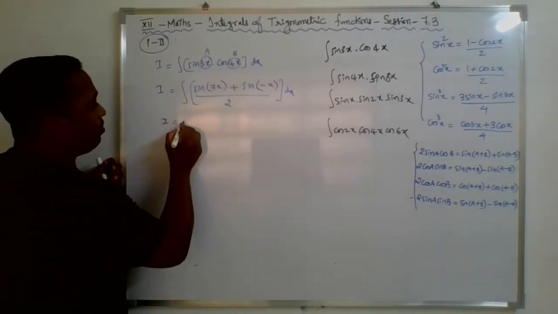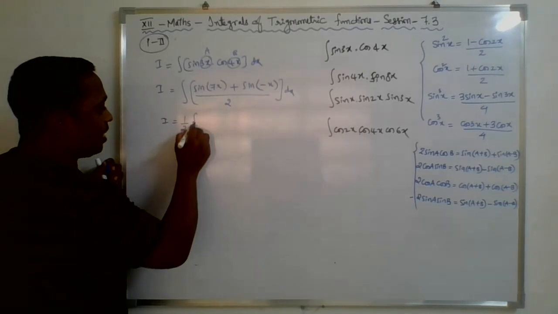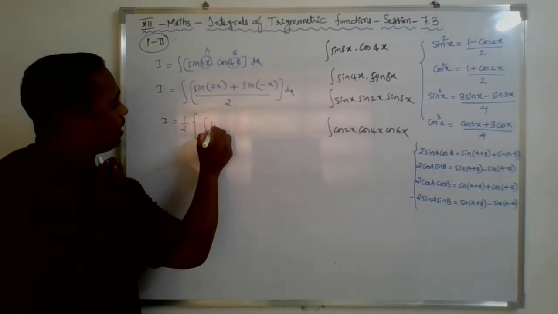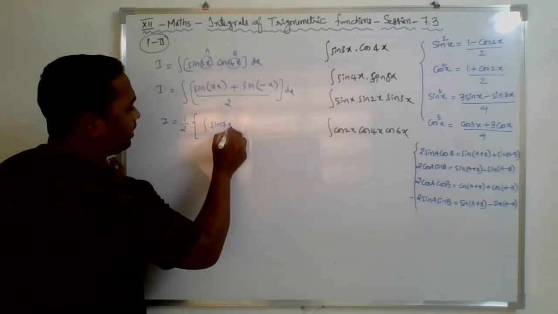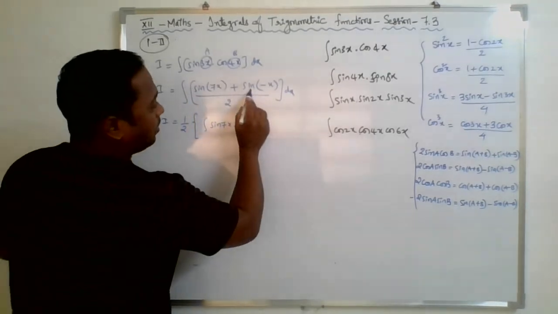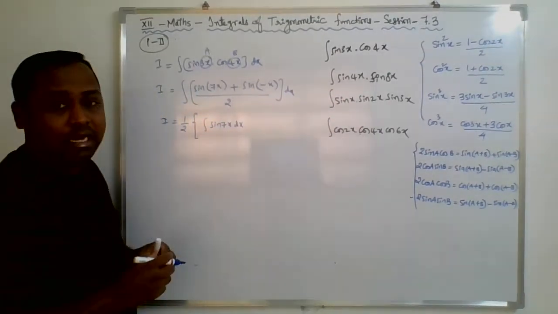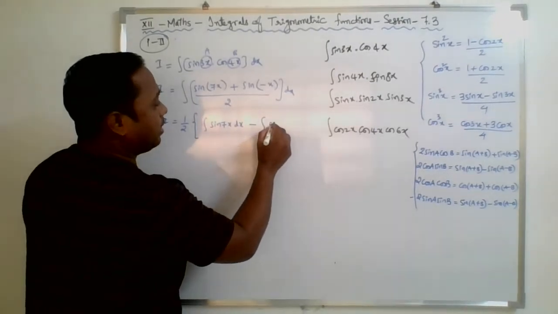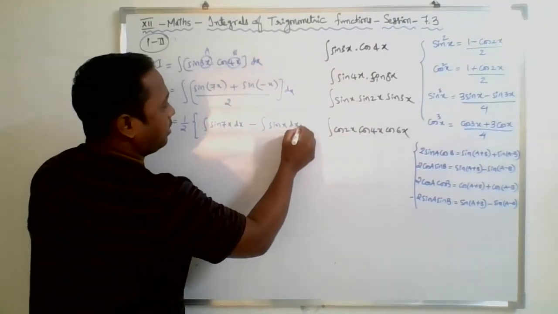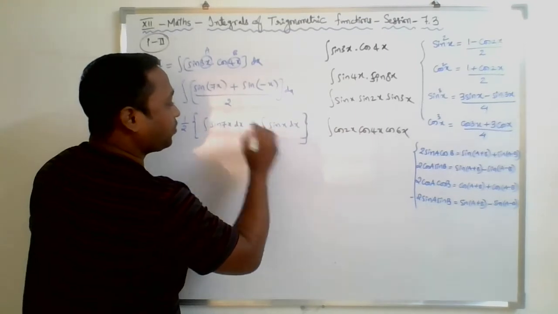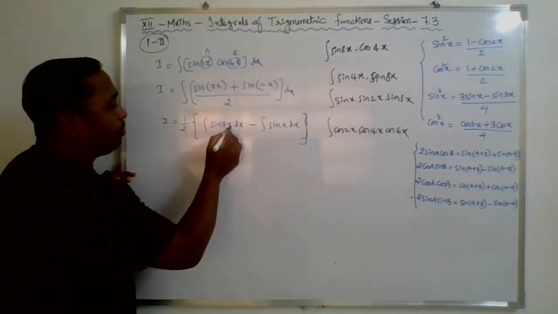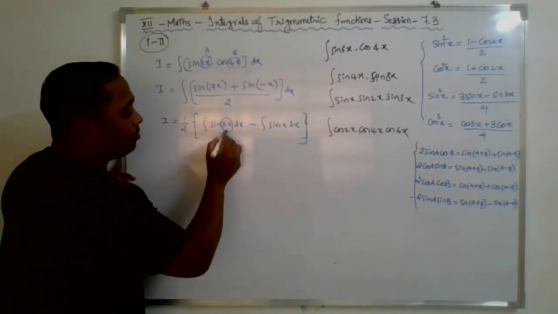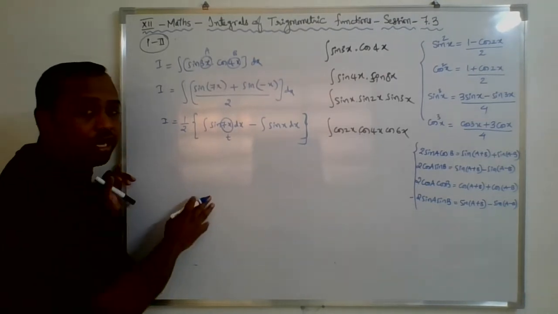So ultimately this function is going to separate into two simplest questions. So 1 by 2 I can keep this as a constant. I can separate sine 7x dx. Sine of minus x is minus sine x, hence it is written as minus sin x dx. And then simply here you need to assume 7x is equal to t.